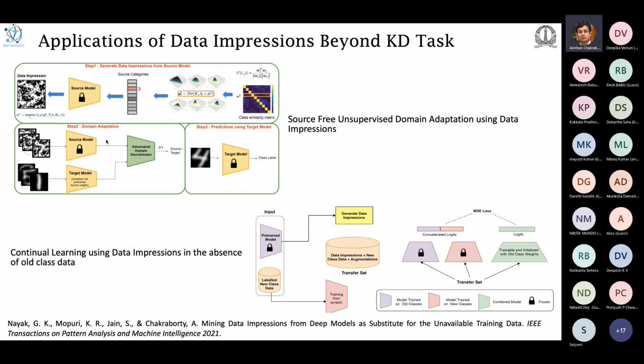Now you want to deploy it in a completely different scenario, let's say a Western scenario, and so on. The task is the same, the classes are the same, but there are a lot of visual and semantic differences between these two observations. Unsupervised domain adaptation tries to adapt this source data set trained model to a very different looking target data distribution, but without assuming availability of target labels.